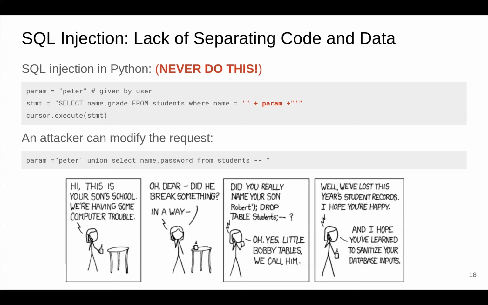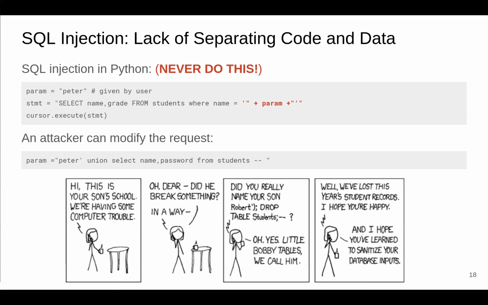Now an attacker could modify this request by filling out the form and saying the parameter is not Peter, but Peter, single tick, union select name, password from students, and then a comment.